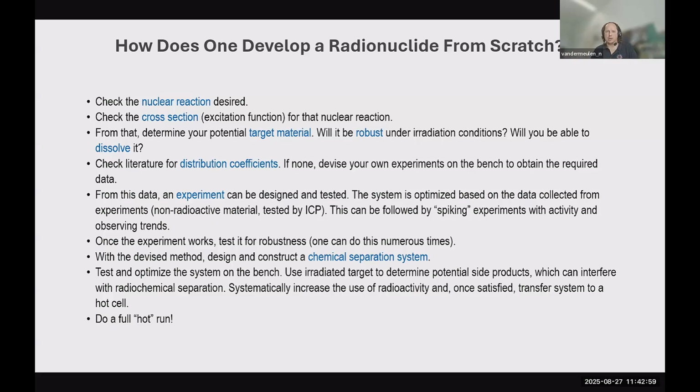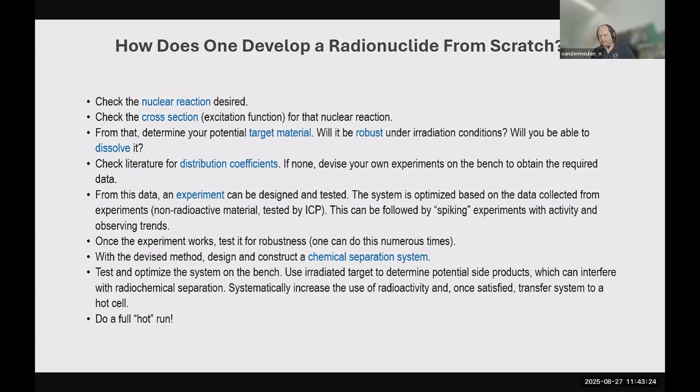I will give you an example. So based on this, you can then test and design your experiment. And then after that, this is all done cold, non-radioactive. So this way you can test using your analytical devices like your ICP to determine how well things are going in terms of your chemical processing.